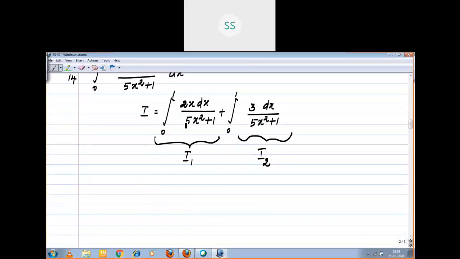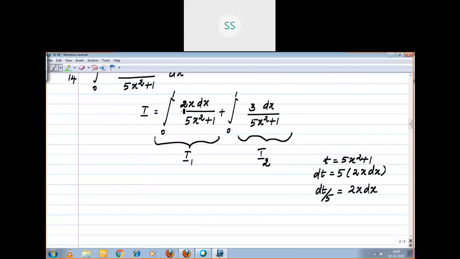In the first one, the differentiation of the denominator gives your numerator. Whether it is true or not, we will check. Let t equal 5x square plus 1. Then dt equals 5 into 2x dx, so dt by 5 equals 2x dx.